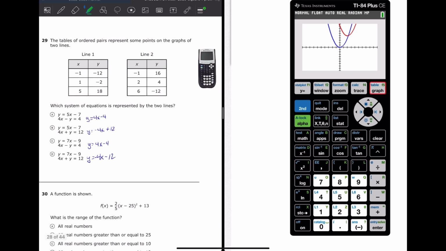This one, again, you're gonna have to remember to turn them into y equals mx plus b.